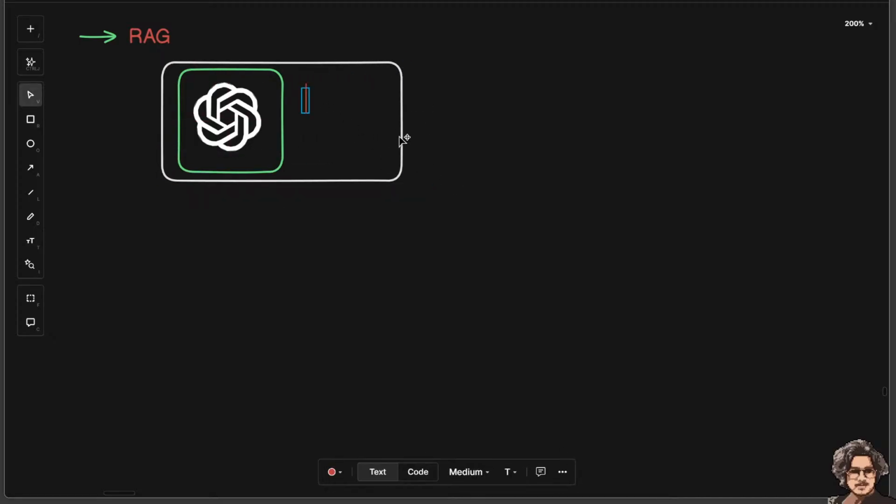So that we provide new and fresh data, this is what RAG helps with. What is the process?